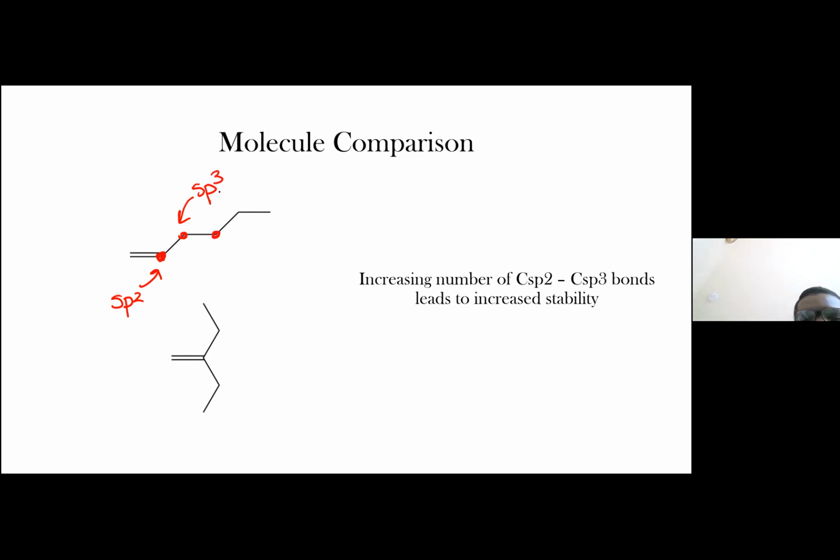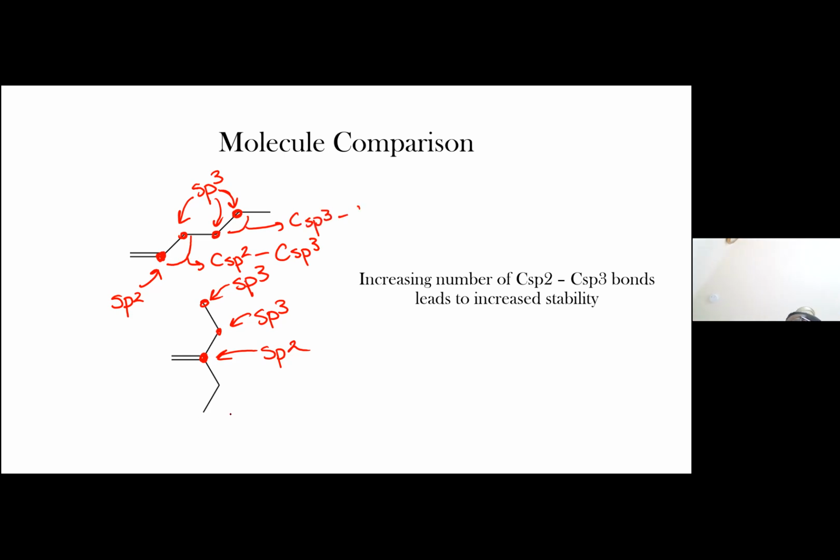Down here, we have the same trend: this is sp2, this is sp3, and this is sp3. So when we think about the bonds, this is going to be a Csp2 to Csp3 bond, which just means we have a carbon that's sp2 hybridized bonded to a carbon that's sp3 hybridized. And if we look at this bond, for example, we're going to have Csp3-Csp3, and that's the same exact trend for this bottom molecule.